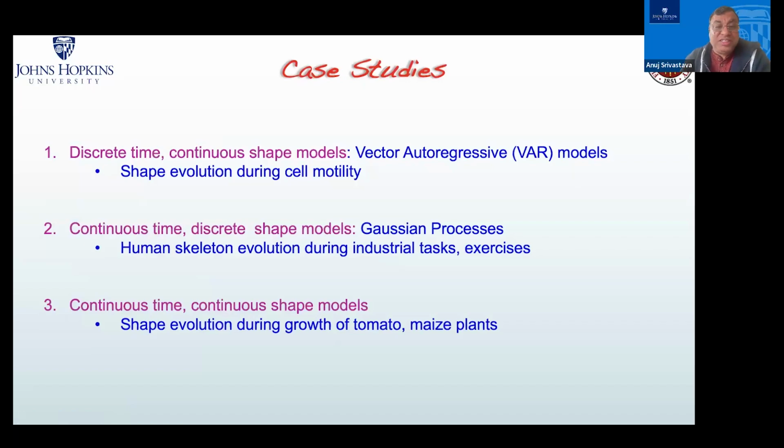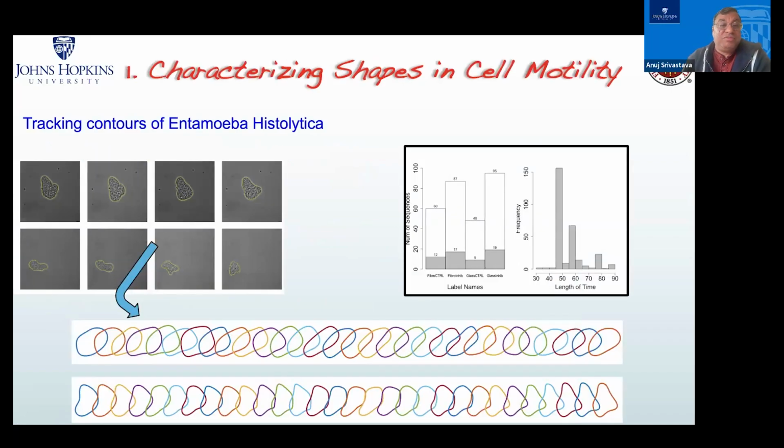So I'm going to show you 3 examples of applying these ideas. One was cell motility in Entamoeba histolytica. We have videos of these things in Petri dishes under different conditions, and they were interested in introducing inhibitors to see if you can control the motility and so on.